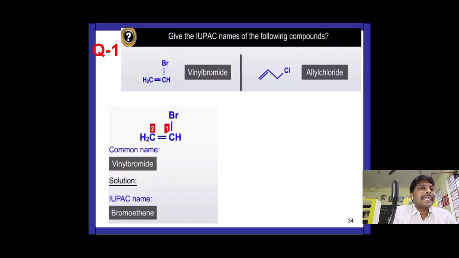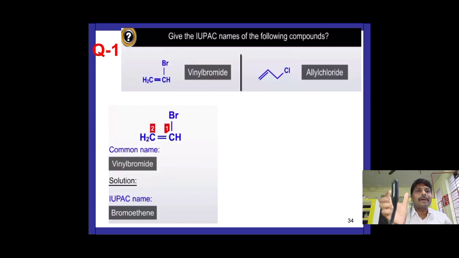What about the second part? Cl is attached to some compound. Chlorine is the prefix. How many carbons are there? Three carbons, 1, 2, 3. The name is chloropropene. What about the number? If you start from the right-hand side, you give priority to chlorine. If you start from the left-hand side, you give priority to the double bond.